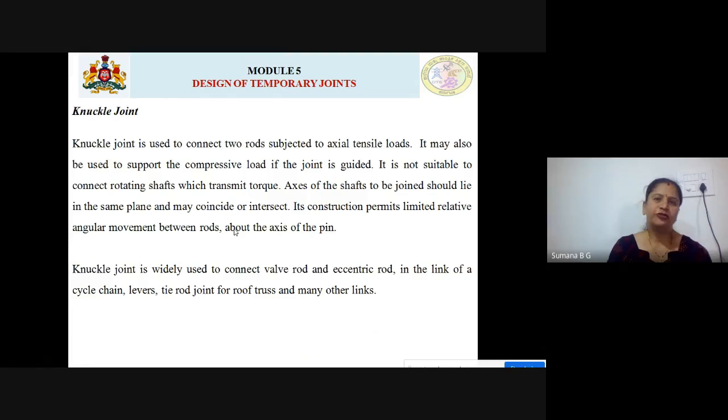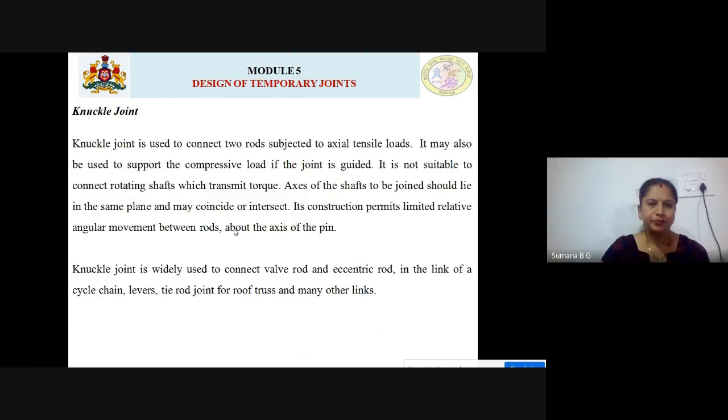The construction of knuckle joint permits limited relative angular movement between the rods about the axis of the pin. Knuckle joint is widely used to connect valve rods, eccentric rods, links of a cycle chain, levers, tie rods, etc.